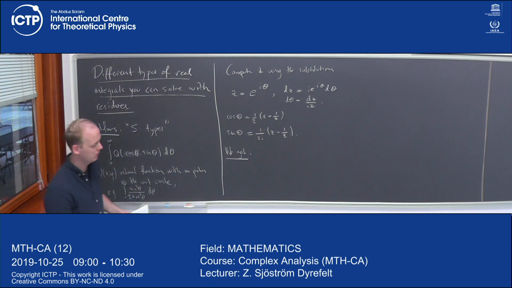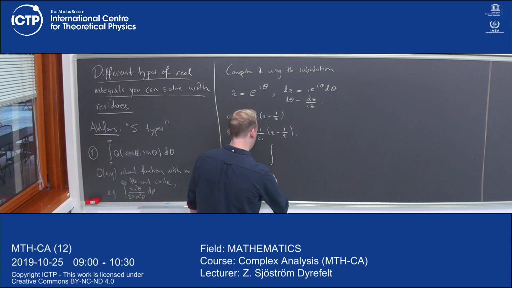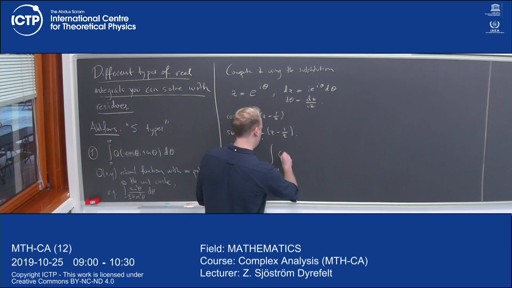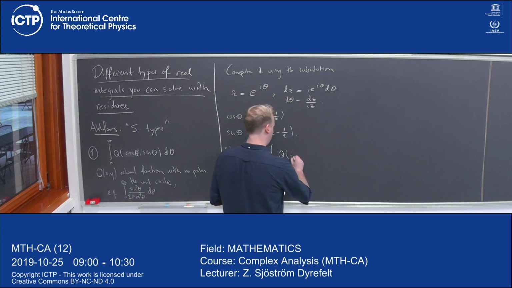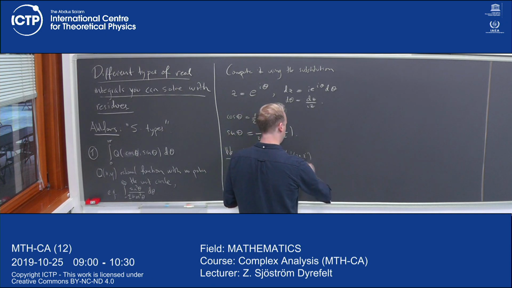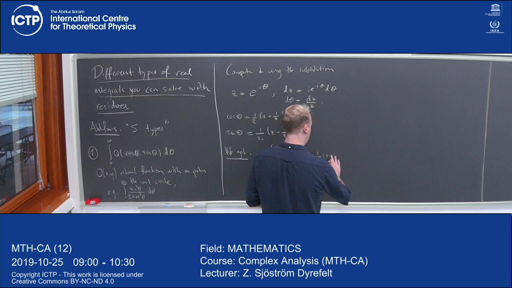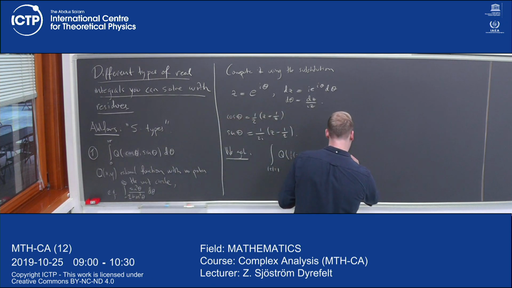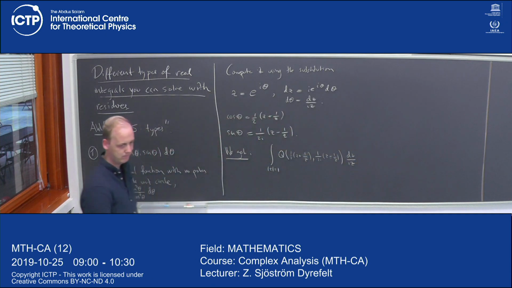You do the substitution, and then you get the integral along the unit circle of q of (1/2)(z plus 1 over z), (1 over 2i)(z minus 1 over z), and then you get dz over i times z.